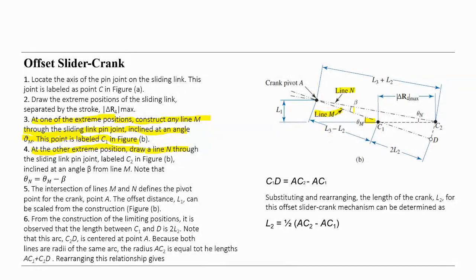But we have to be sure that the angle in between must be beta, the imbalance angle. The sliding link pin joint labeled C2 is inclined at an angle beta from the line M. Note that theta n is equal to theta m minus beta.